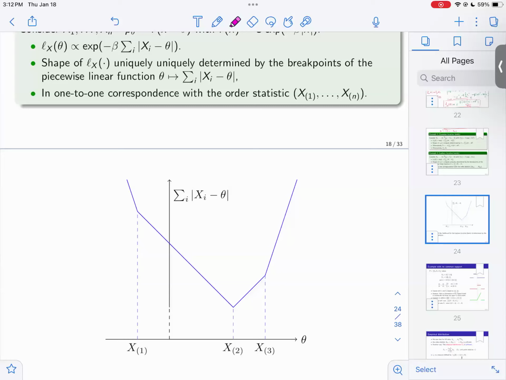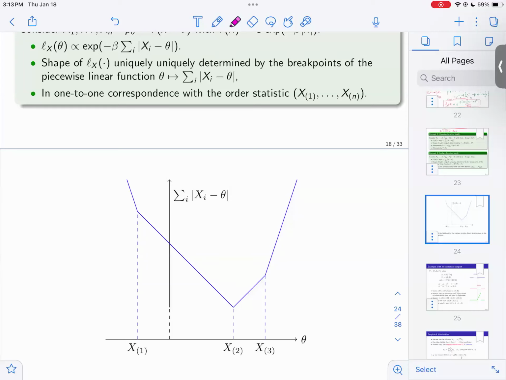The thing is, if you give me this function, I can recover the locations. This is going to have kinks at the x-axis, and the slope changes as you pass any one of the data points. So you can try to plot it, and this shape, and if you give me this function, I can recover these points.